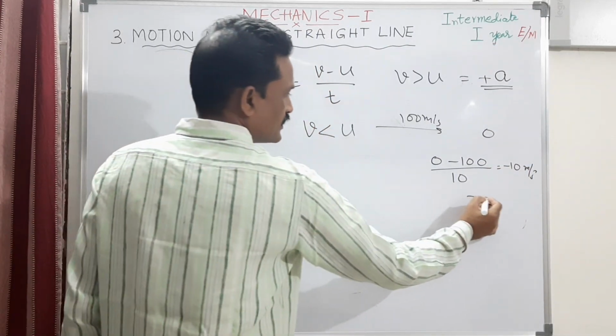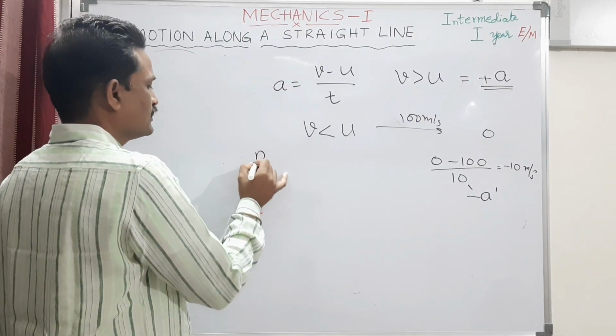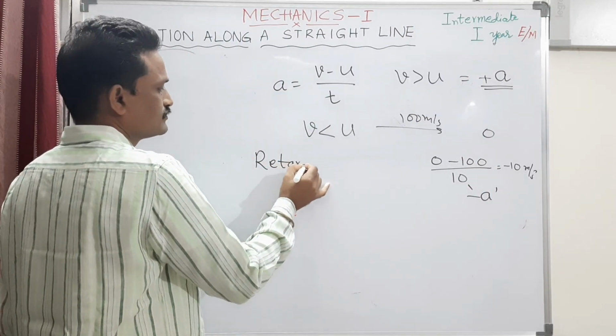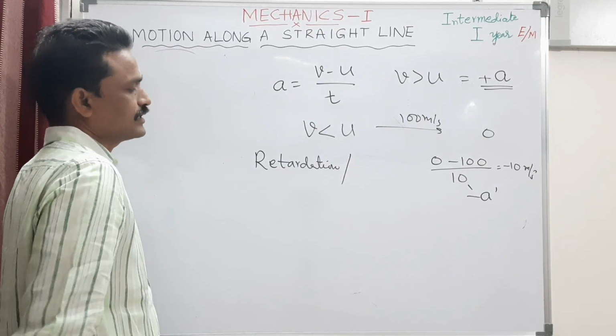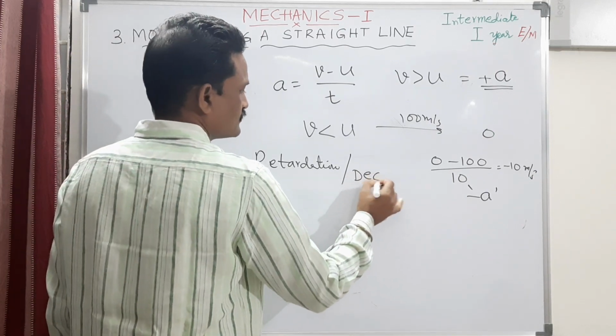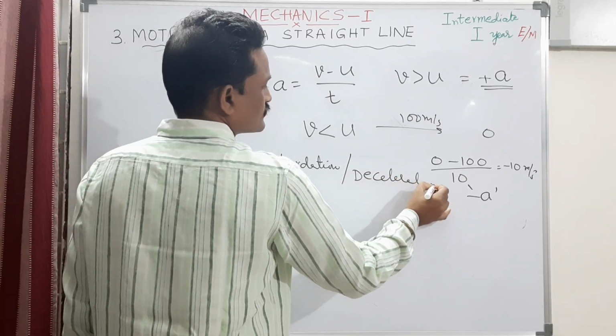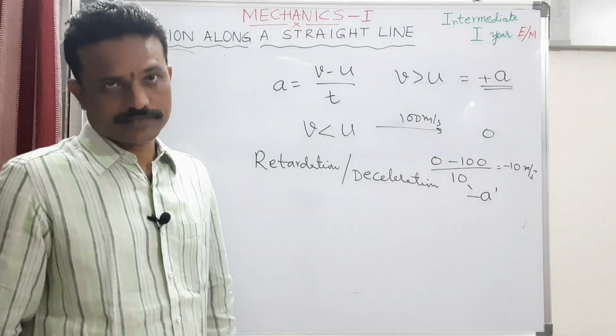Here you are getting a negative a value. This negative a term is called retardation. Another term that also indicates retardation is called deceleration. So negative a is called retardation or deceleration.